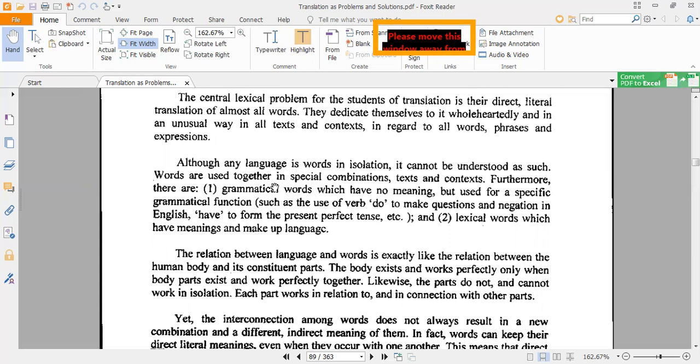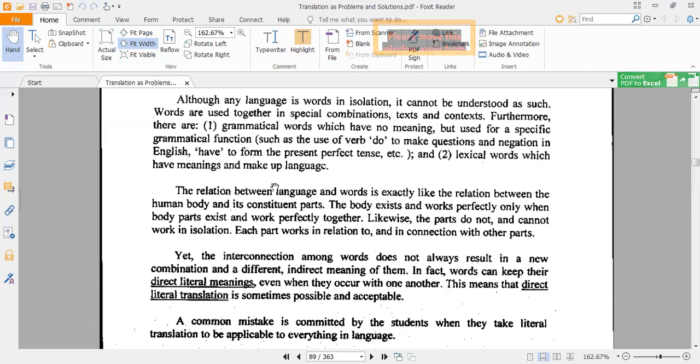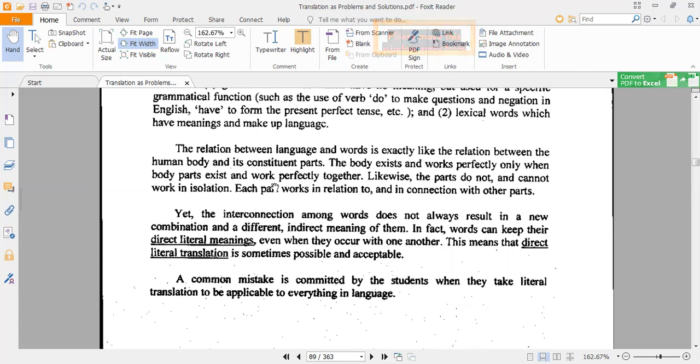Lexical words, these words have specific meanings and they make up the language. Now, also a very important issue is the relationship between words and language. Actually, this relationship is similar to the human body and its parts.